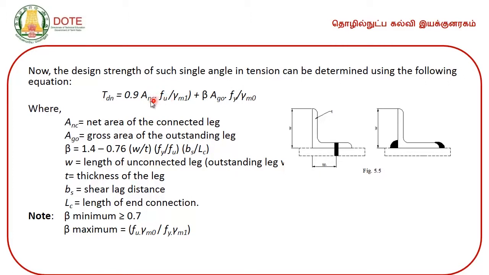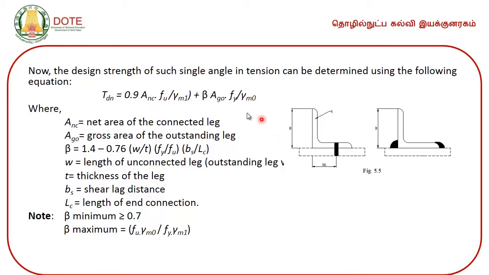Area into stress will give you the load, it is nothing but the tensile load carrying capacity, plus this is the connected leg and the other leg is there. This part is the connected leg, and this one is the outstanding leg. The outstanding leg is also contributing to the tensile load carrying capacity.